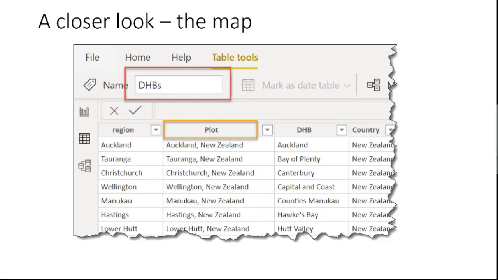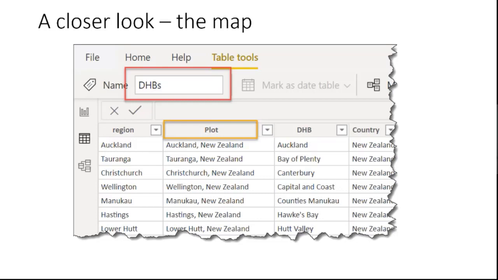And then I found, Bay of Plenty is actually in Tauranga, Counties Manukau is in Manukau, Hawke's Bay is in Hastings, and I put that into a column that I called plot, and I put comma New Zealand in there because there are quite a lot of Wellingtons around the world, and unless you tell Power BI that you want to plot the Wellington in New Zealand, it puts it somewhere in Canada or somewhere obscure, and I really wanted to make sure that all my plot points are in New Zealand. So plot contains city name, comma, New Zealand.